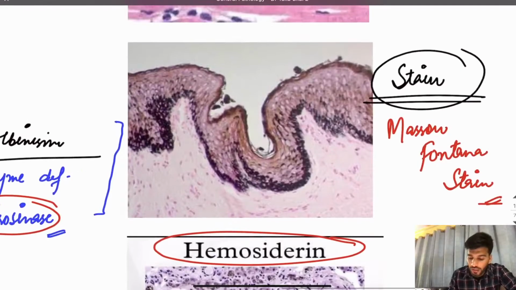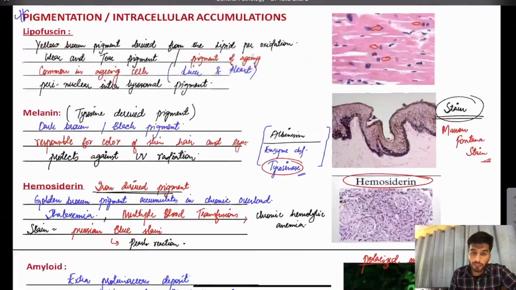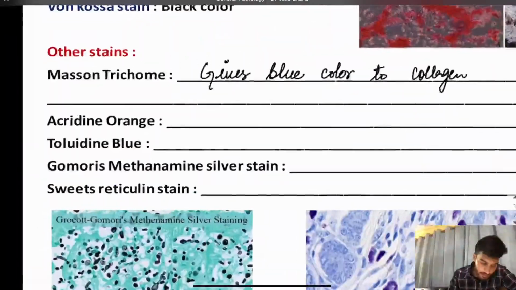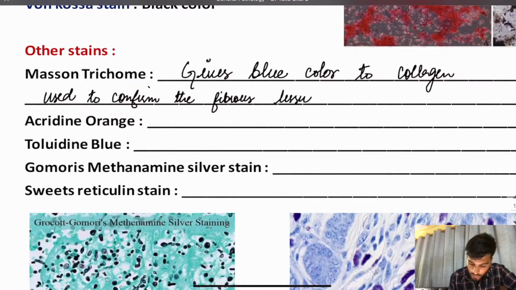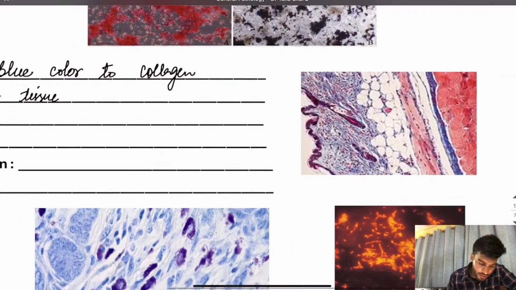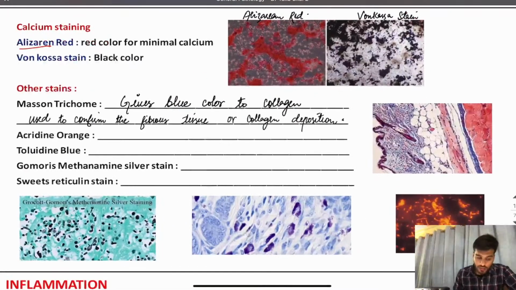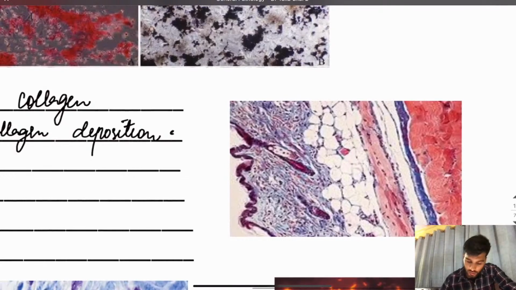Masson Fontana is for melanin. So write it down that it's used to confirm fibrous tissue or collagen deposition in tissues. So the stain is called Masson trichrome. Okay, this is a classical stain.